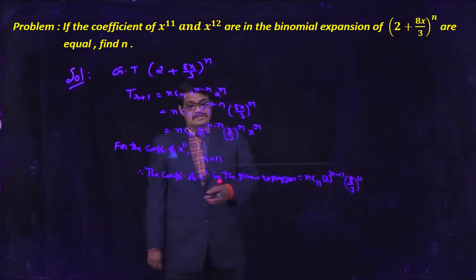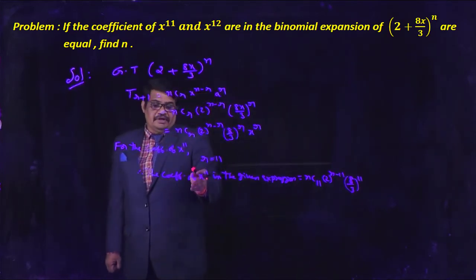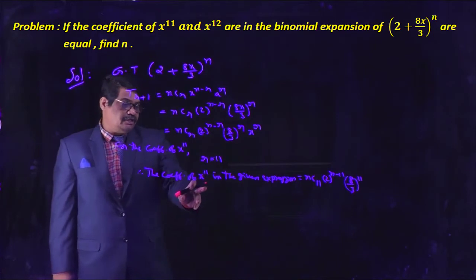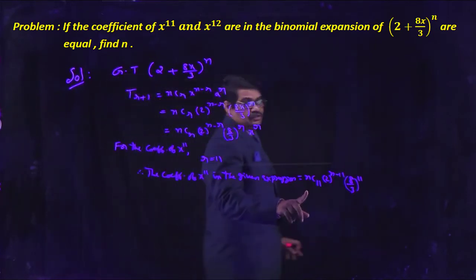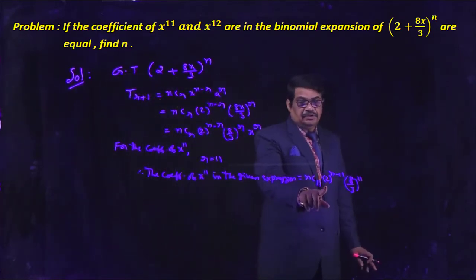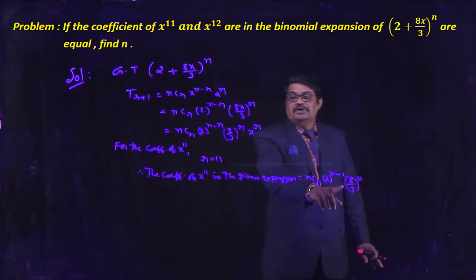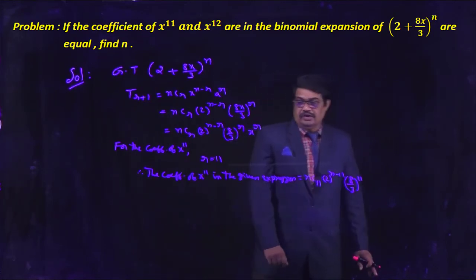So here r is 11, then we are getting the coefficient of x^11 in the given expression, that is nC11 into 2^(n-11) into (8/3)^11.